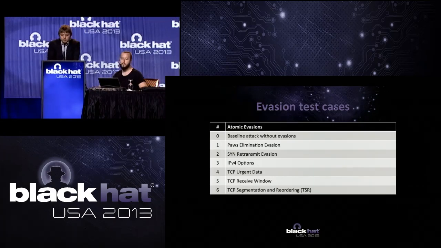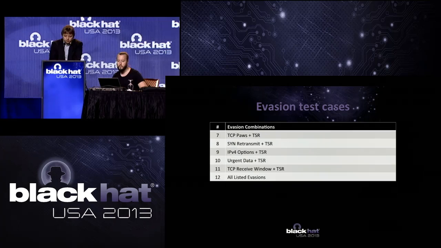So these are the evasion test cases. We tried just the baseline attack without evasion to make sure that the devices are able to detect and block the attack. And then we tried the paths elimination evasion, and then TCP retransmit, then IP version 4 options, urgent data, TCP receive windows, and TCP segmentation and reordering. And then we started to do some combination stuff.